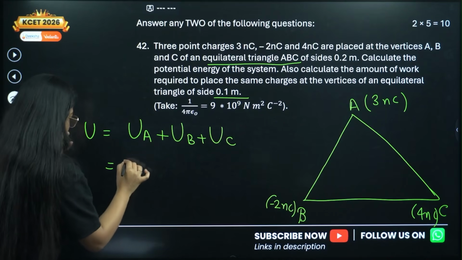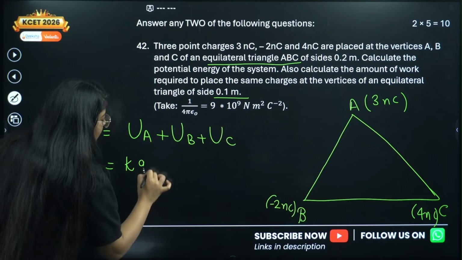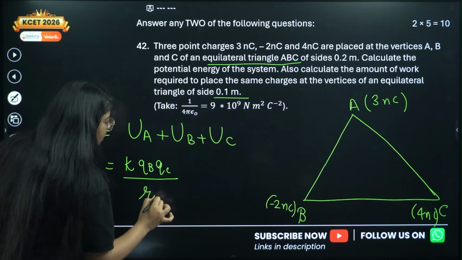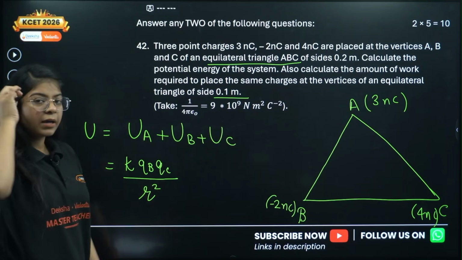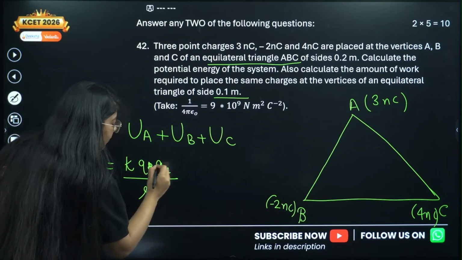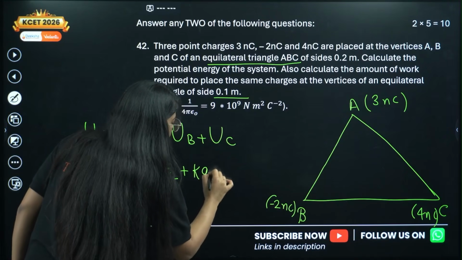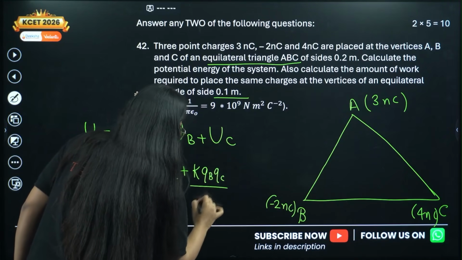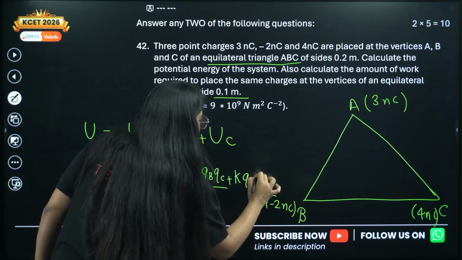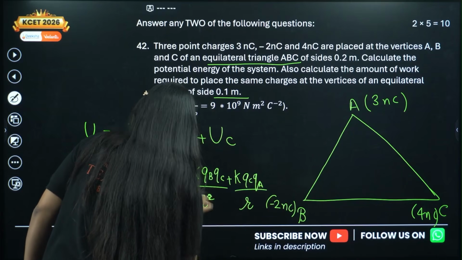Correct? So what is potential energy? Let's just take the constant as K for now. For this, the charges will be QB into QC divided by R square. Correct? At A due to C, plus K QB QC divided by R square plus K QC QA divided by R, okay, not square.